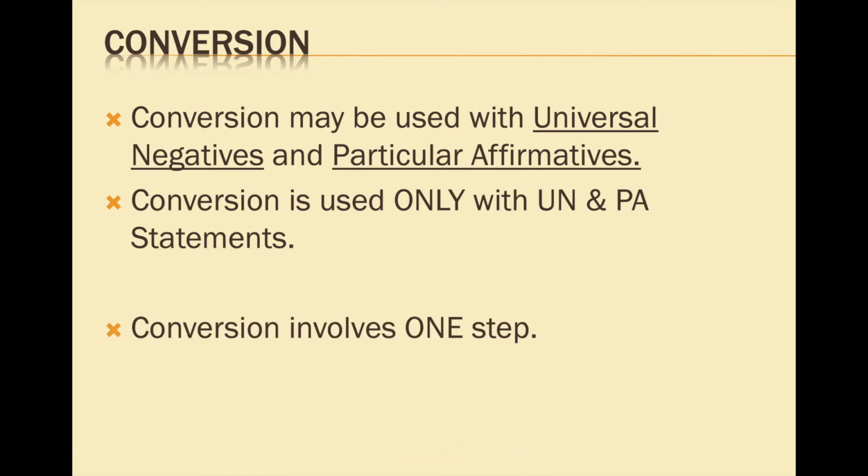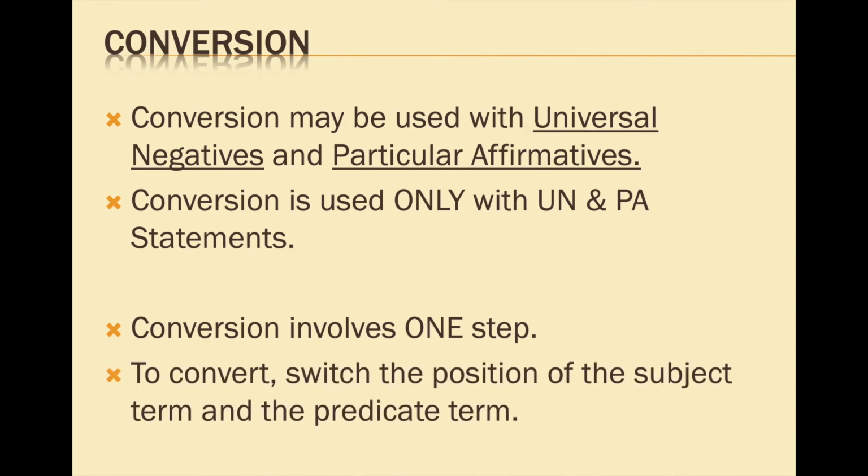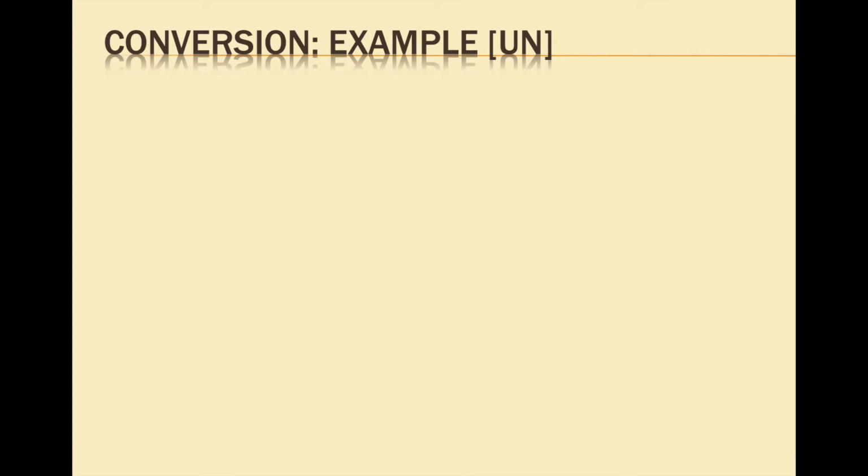So conversion actually involves only one step, so it's easy to remember. And that one step is to switch the position of the subject term and the predicate term. And we saw that we did that a few times on exercise 13. So to convert, simply switch the position of the subject term and the predicate term.